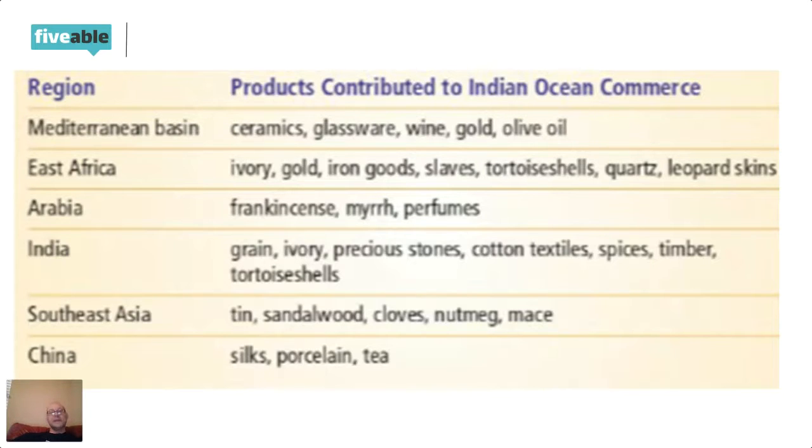So just try to check off a few here that you can say, yeah, this region came from here, like Southeast Asia. Definitely you're going to have nutmeg, which is going to be a big one, and cloves, etc.